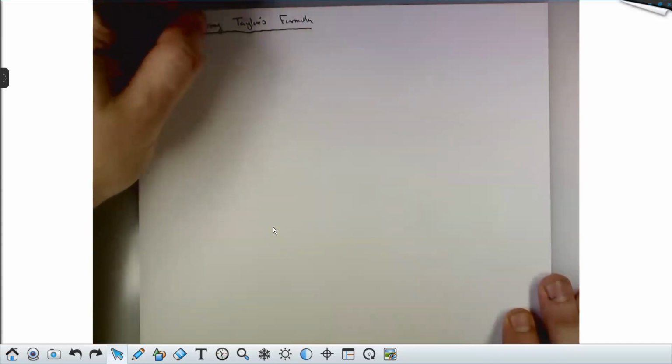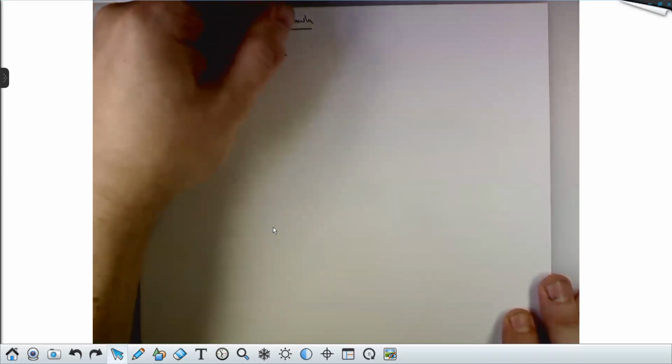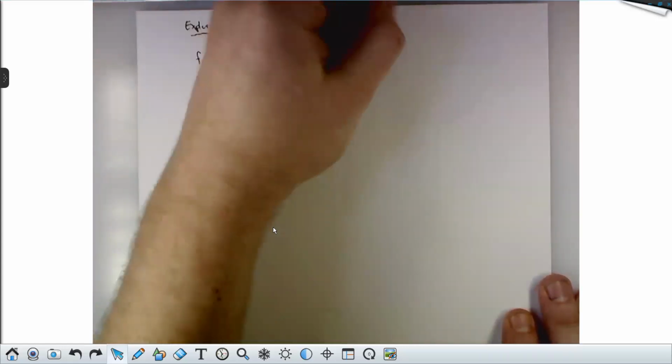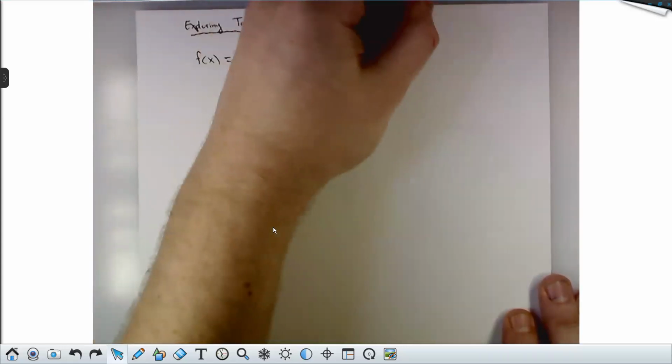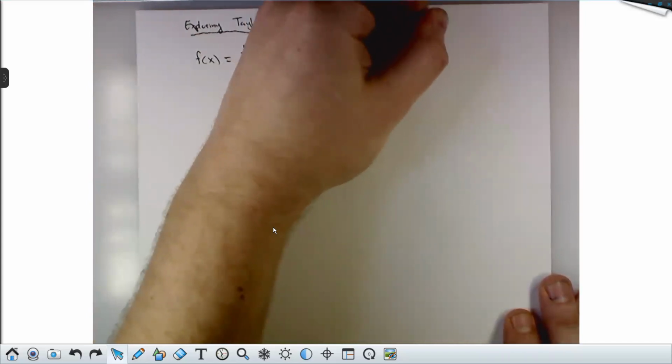Taylor's formula says f of x is sigma n from 0 to infinity c_n times (x minus a) to the n, where c_n is the nth derivative of f evaluated at a over n factorial.